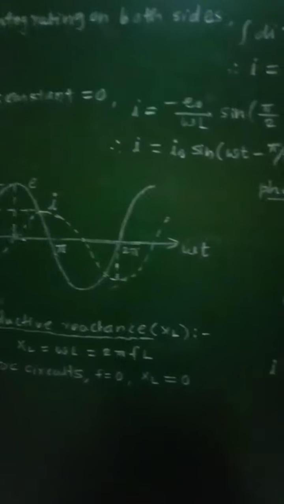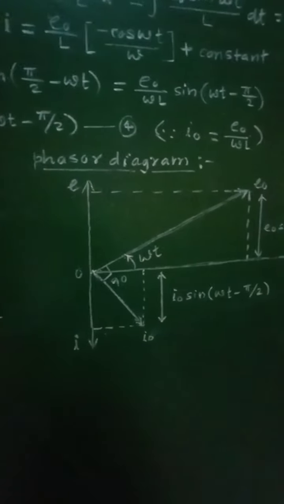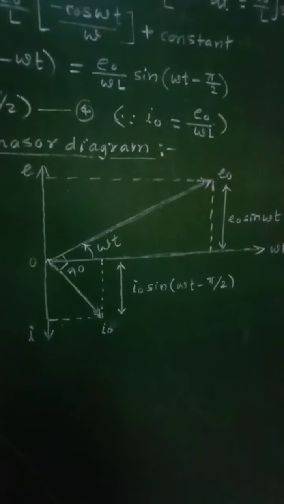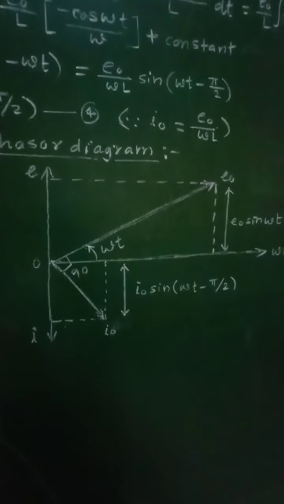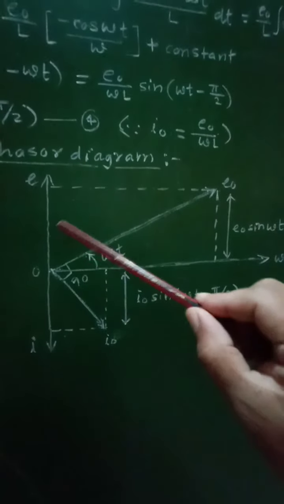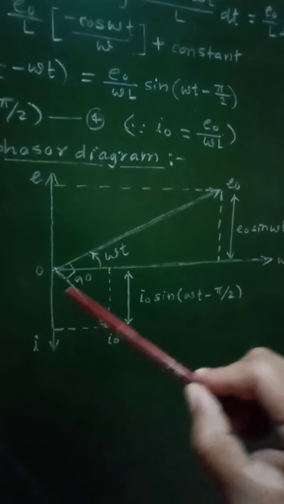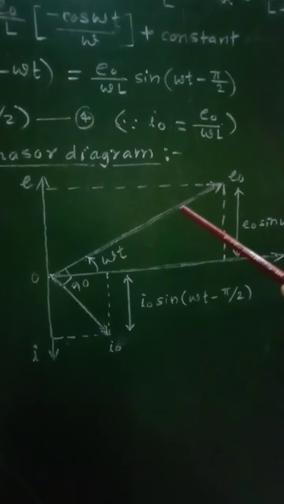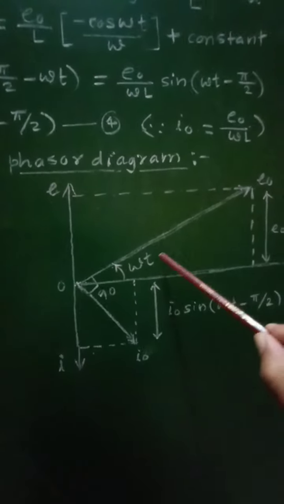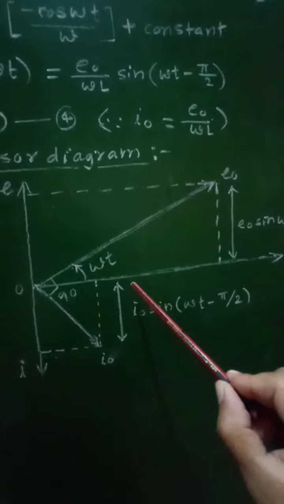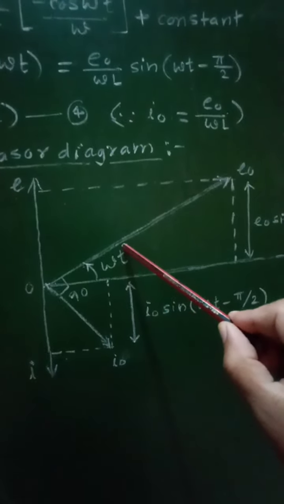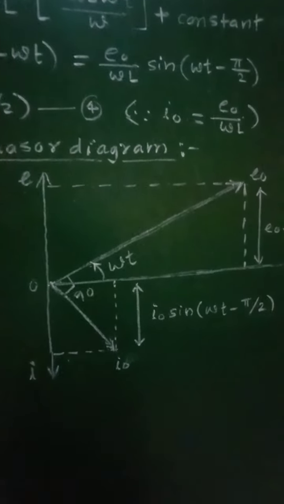Now let us consider the phasor diagram for a purely inductive circuit. If we plot again EMF and current against omega t, the phasor of EMF, from O to E0, makes an angle omega t with the horizontal axis and is rotated in the anti-clockwise direction.